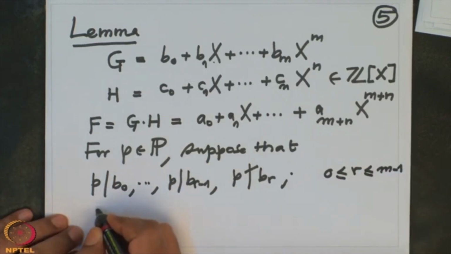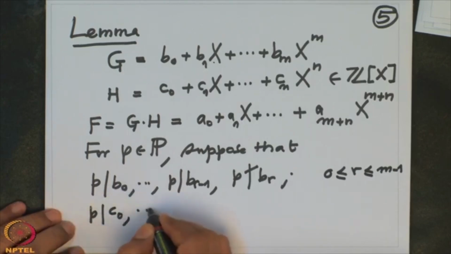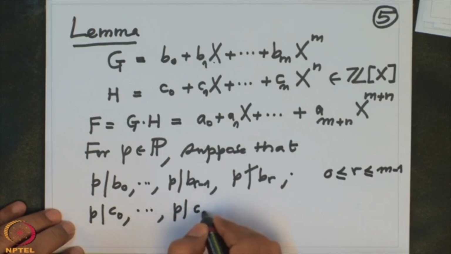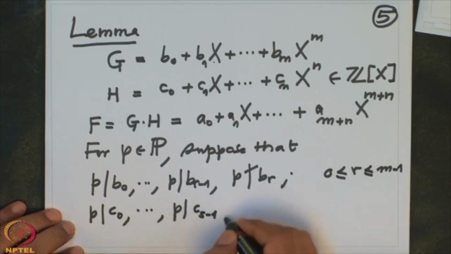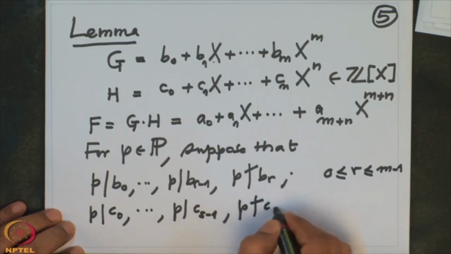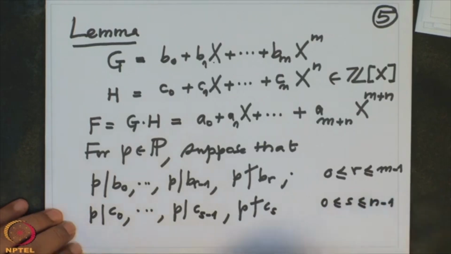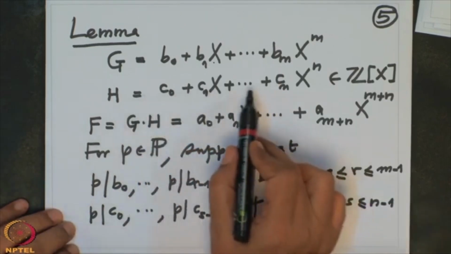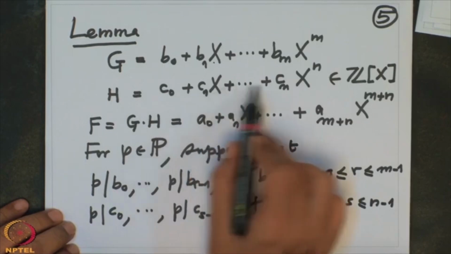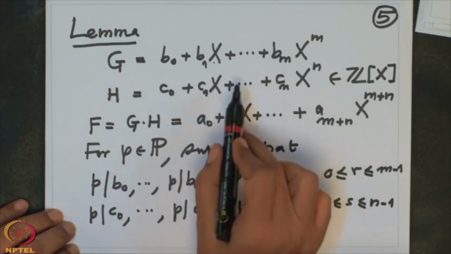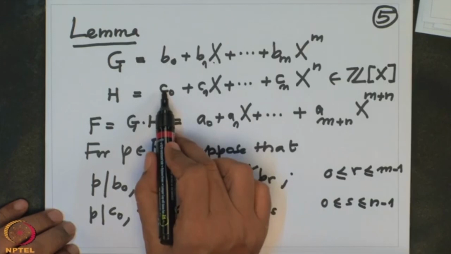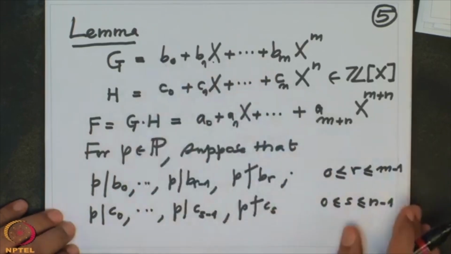Similarly for the c's: p divides c0, up to c(s-1), and p doesn't divide cs, where s is between 0 and n minus 1. You start looking at the coefficients, and the moment p doesn't divide one, stop there. Earlier, all coefficients are divisible by p. Similarly here.